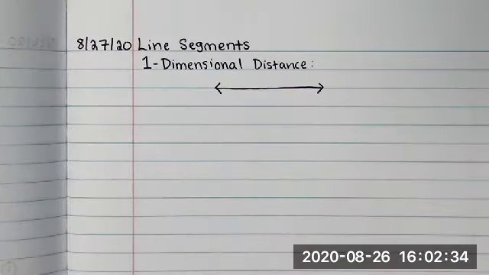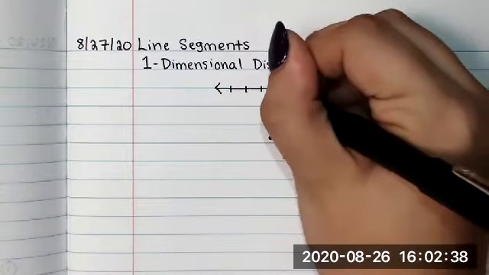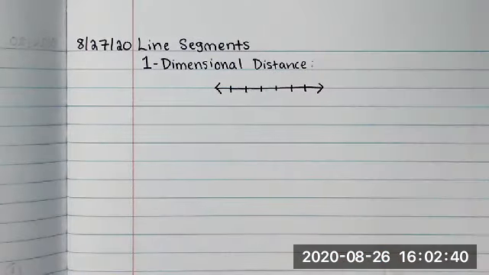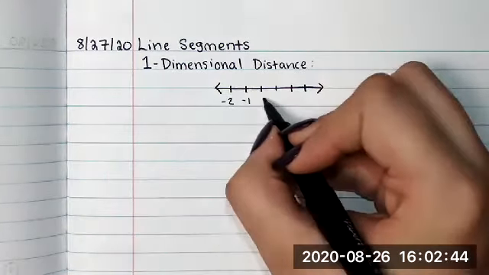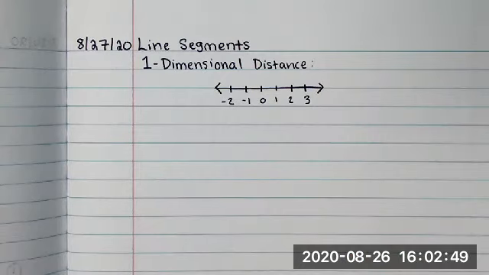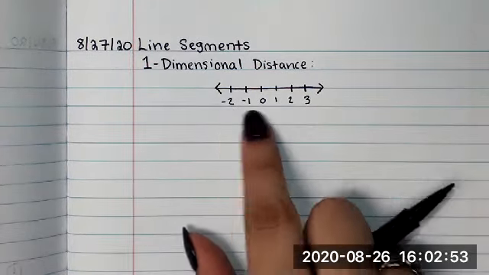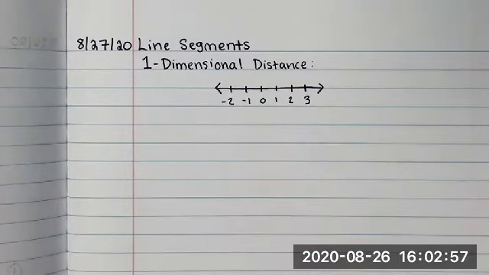So just for a quick example, if I have a number line with 6 marks from -2 to 3, and I asked you, what's the distance between -2 and 3 on the number line? Now this works a little bit differently than just doing an addition or a subtraction.